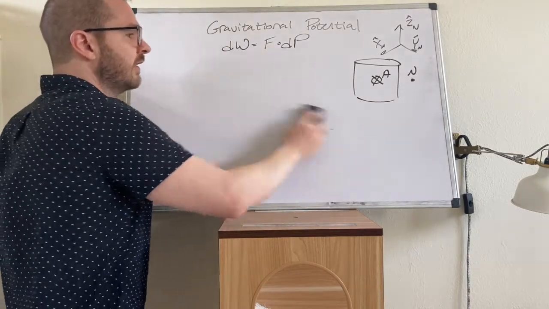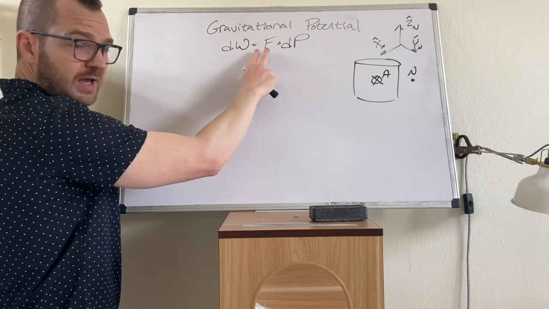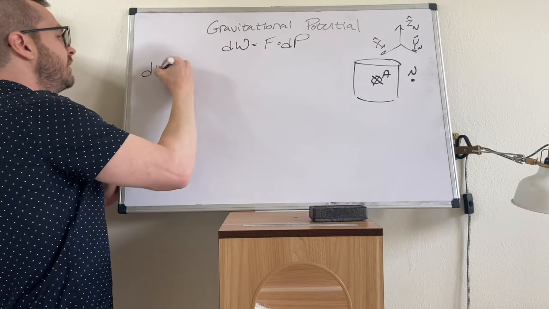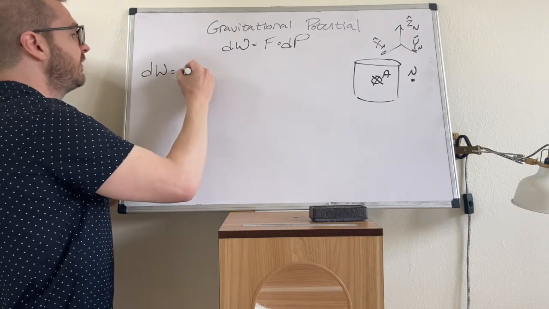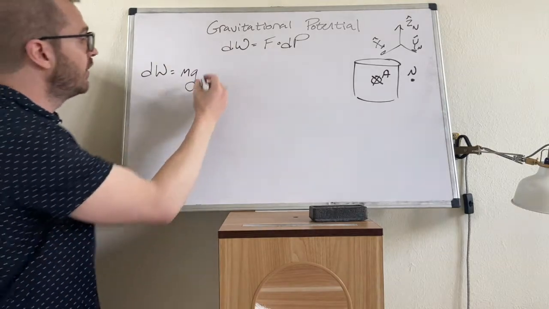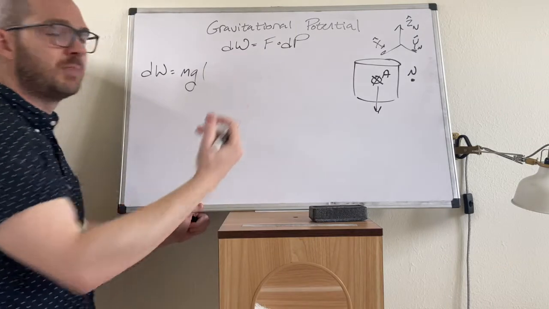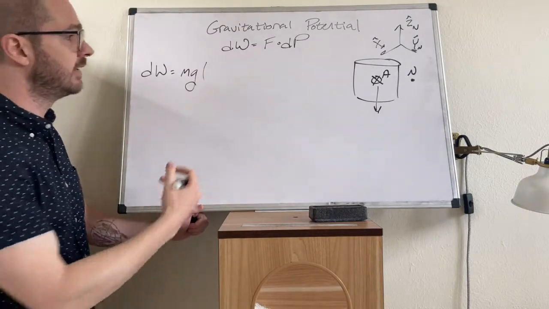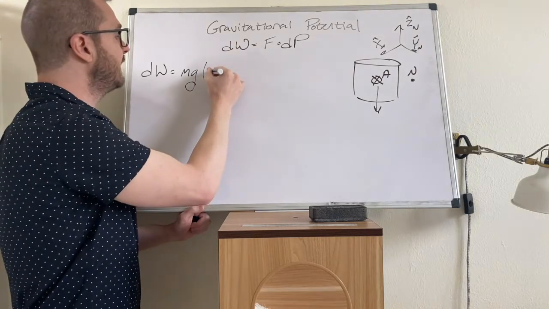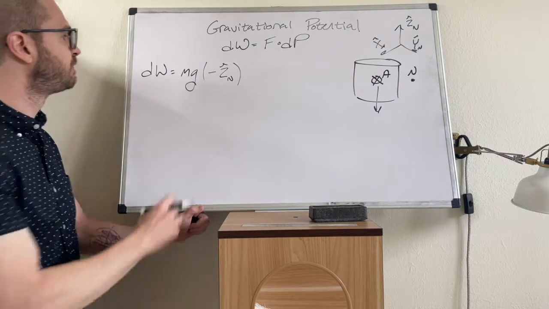Now when we do this, we have to remember that these are vectors and the dot product yields a scalar. So dW equals, the force is m times g, it's a vector and it points down. So gravity is pulling this object down. It's pulling it towards the center of the Earth. So as far as our directions go, it's pulling it in the negative z hat in direction.